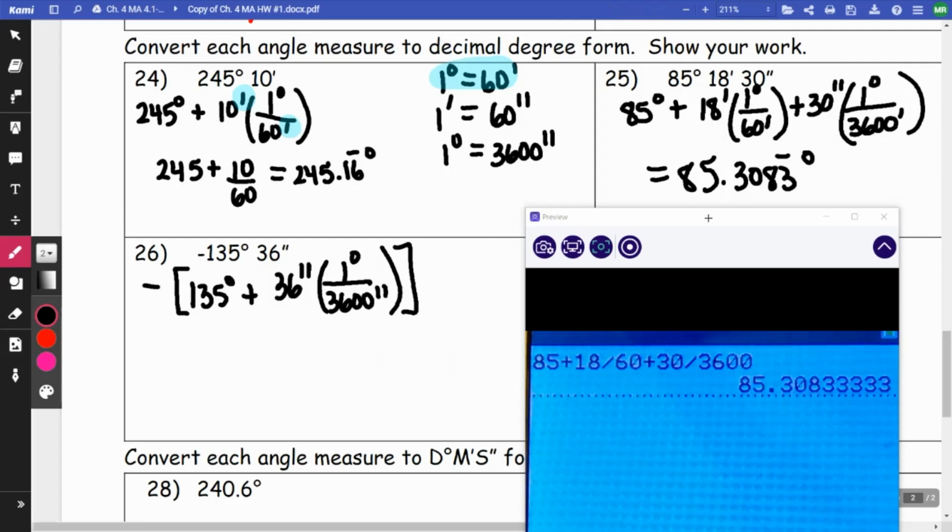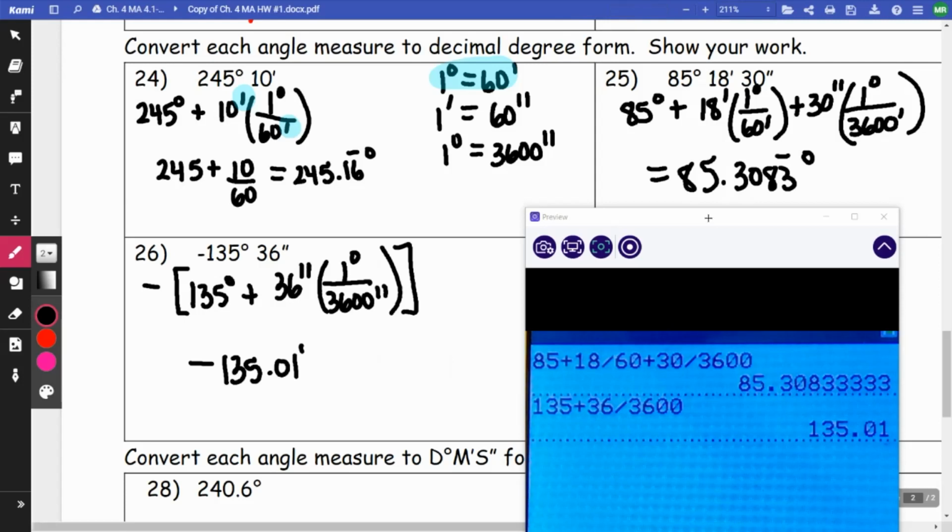I'm going to put that in my calculator, and I just know the answer is going to be negative. So let me just stick my negative there. 135 plus 36 divided by 3600, I end up with negative 135.01 degrees.